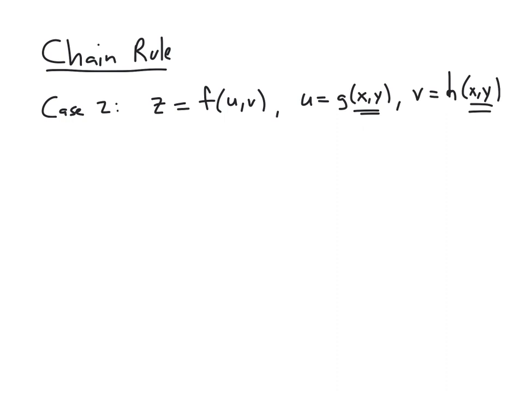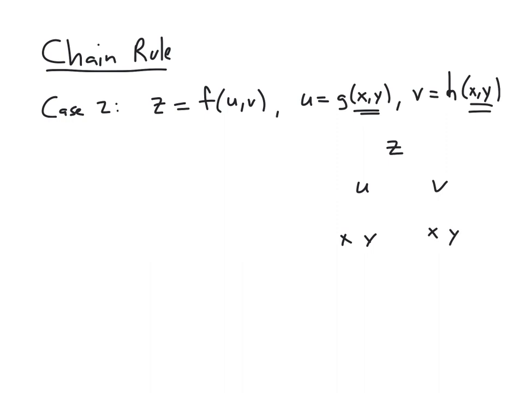And so in this case, if we do the tree diagram that we did before, we're going to start with our dependent variable z. We're going to have our intermediate variables u and v. And then underneath each of these, we're going to have an x and a y. There are different ways you can draw this.